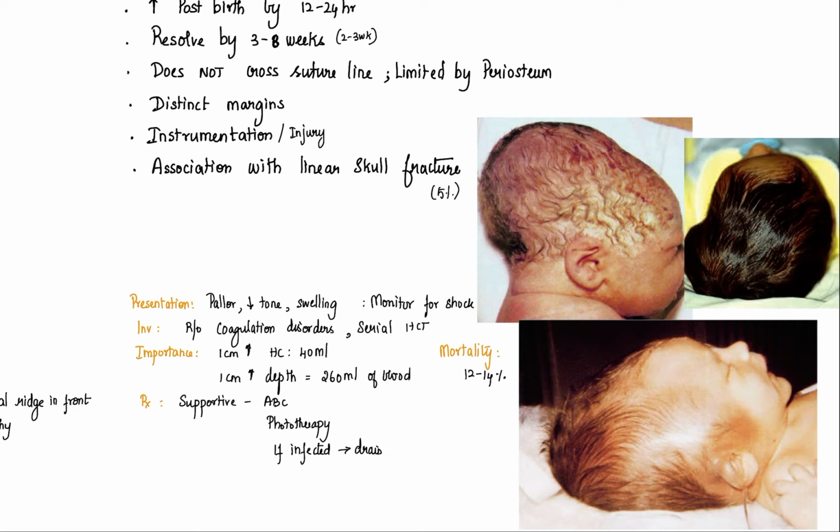This is a baby in the NICU, where I can see the swelling is increasing or spreading like this, right, on either side, and it's going to be a boggy swelling when you touch. If you see one case of subgaleal hemorrhage, you will never forget, and you will be vigilant, because the mortality rate is as high as 12 to 14%, right? So this is a baby who is having a subgaleal hemorrhage.